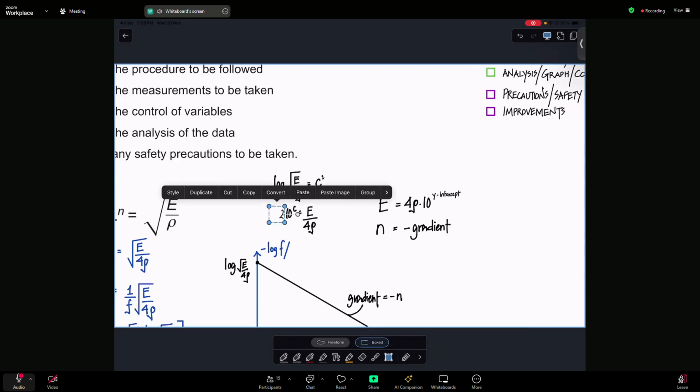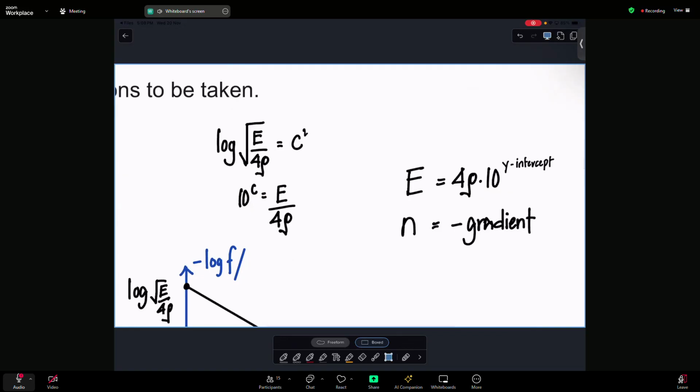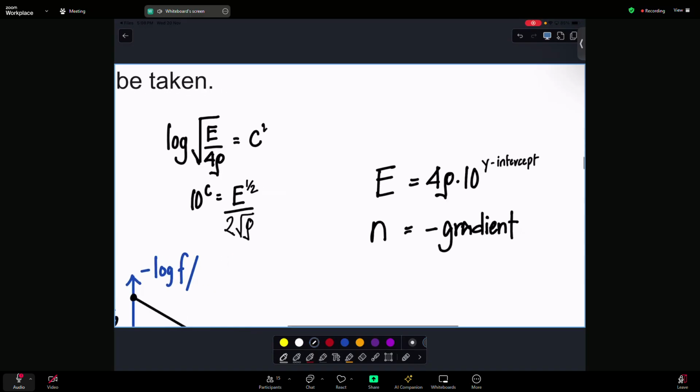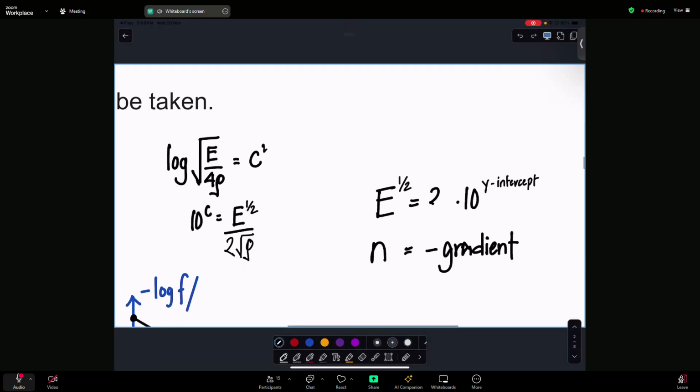Okay, okay, there's no need to make this complicated. Let's write this as half, and this as 2 root rho. Do you agree with that? Okay, then it's done. e to the power half is this thing here, where this comes to what? 2, yeah exactly, so 2 root rho, and then if I want to get e, what will I do?